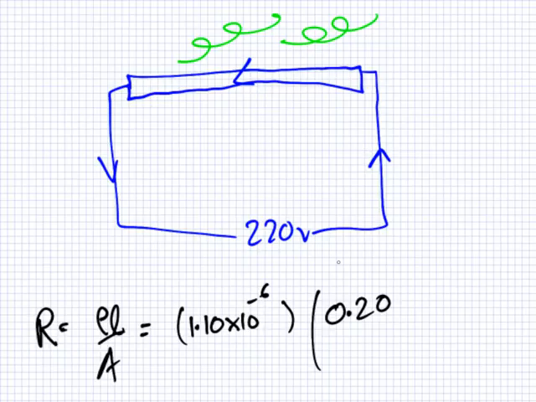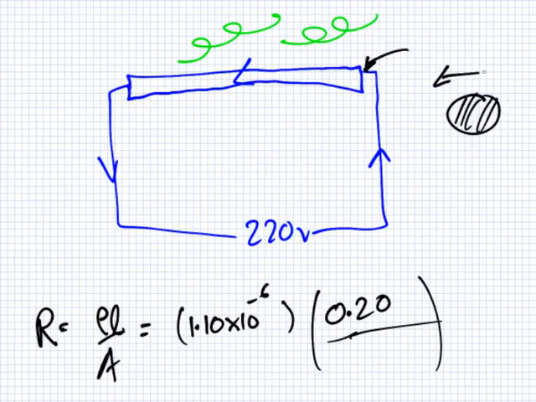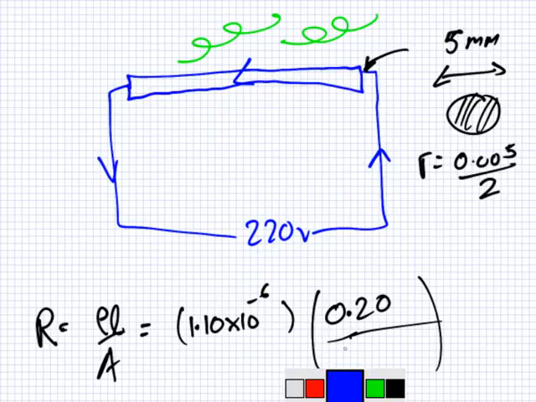Now, in the denominator is the area. So if you look here, it's like a circle. And the diameter is how much? 5 millimeters. So that means the radius is 0.005 divided by 2.